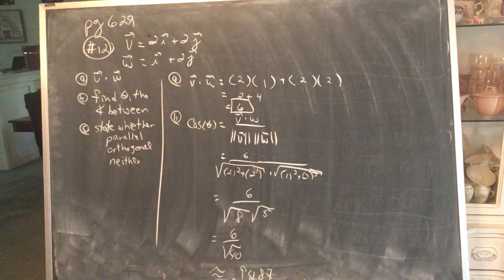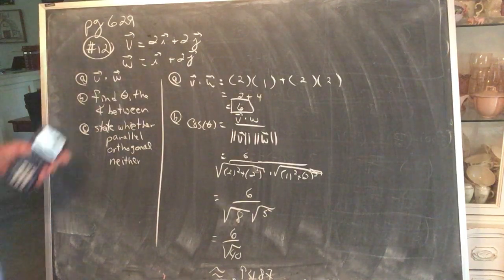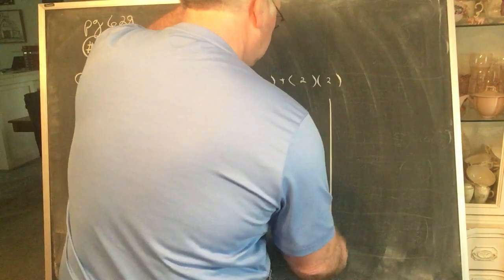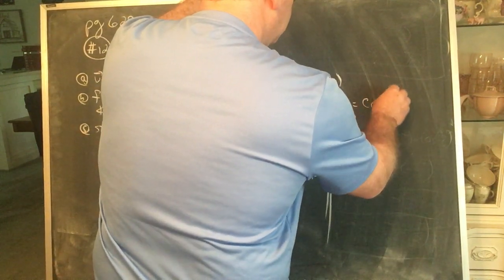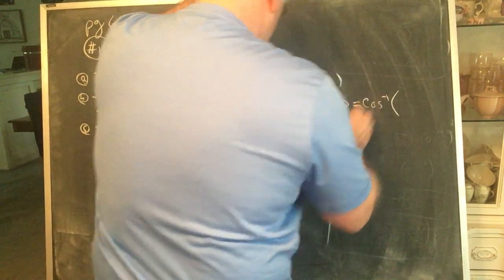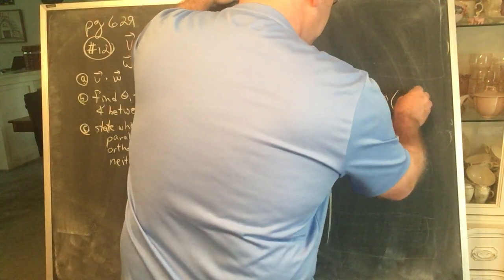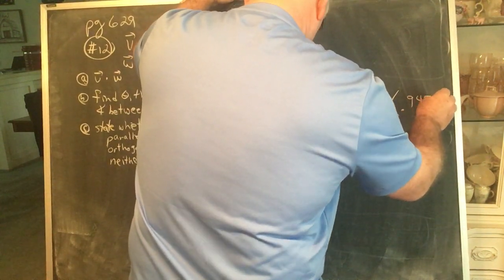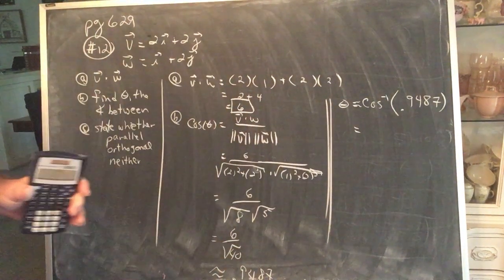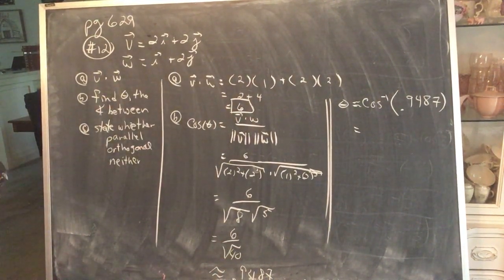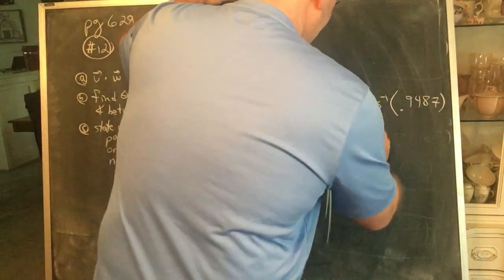And then we want theta is cosine inverse of this approximation, 0.9487. Again, I'm going to leave the exact value in my calculator to take a cosine inverse of that result. I have approximately 18.4 degrees.